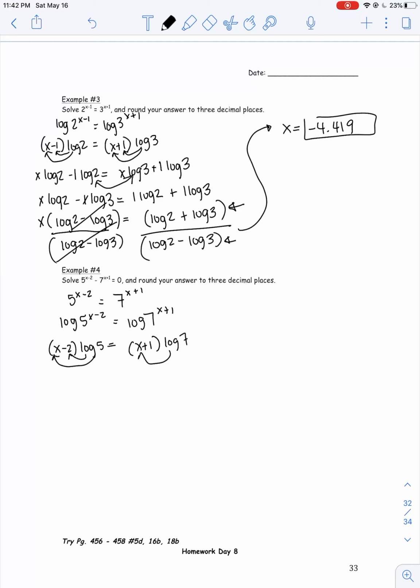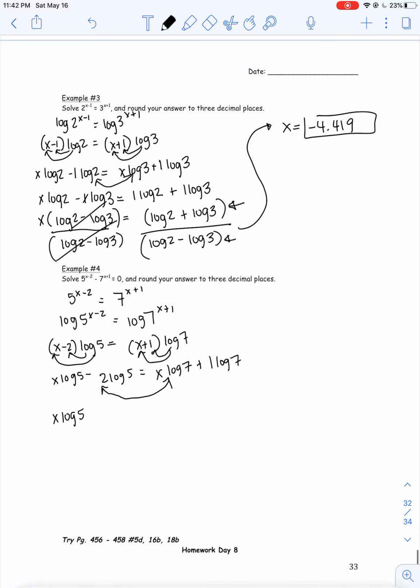Now I'm distributing: x log 5 minus 2 log 5 equals x log 7 plus 1 log 7. X is on one side, so that goes on that side, and the negative 2 log 5 goes on the other side, so they switch their spots essentially.